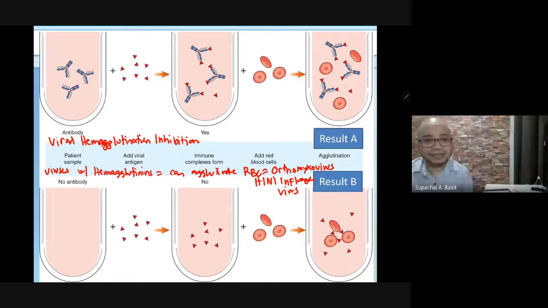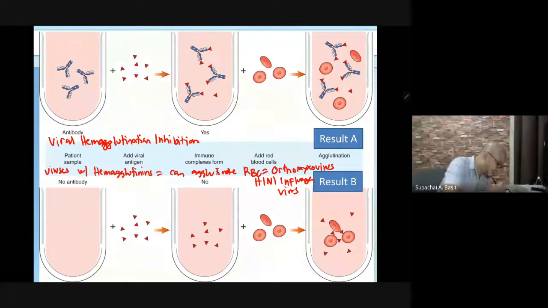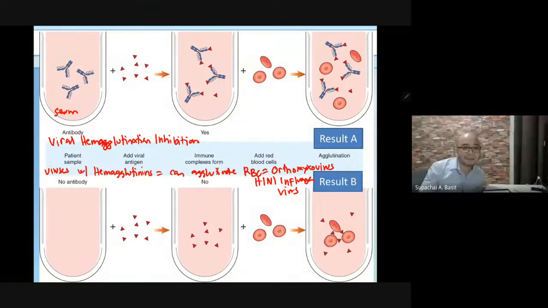So this particular viral hemagglutination inhibition can detect antibodies from the patient. So we can detect if the patient has antibodies. So let's say, for example, this is a serum, and this patient is positive with viral antibodies.